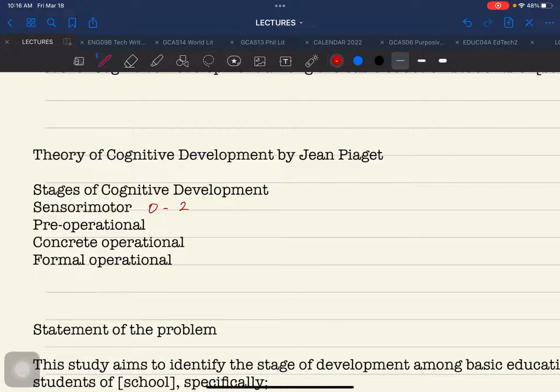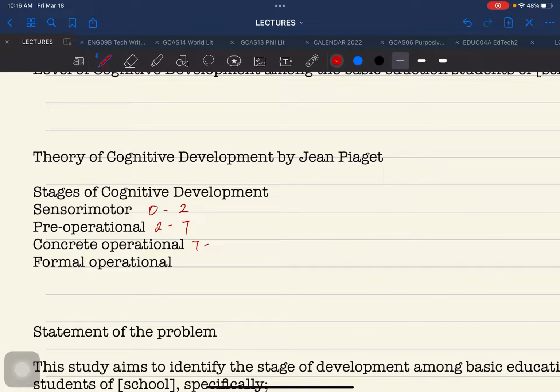Okay? So this is the age range of the following levels. And then the preoperational stage is from 2 years old to 7 years old. And then concrete operational is from 7 to 11 years old. Formal operational stage is 12 years old and up.